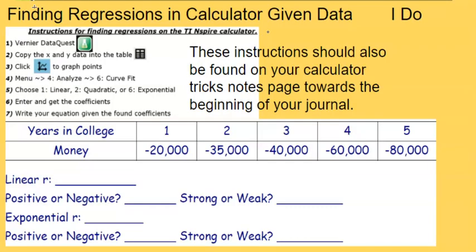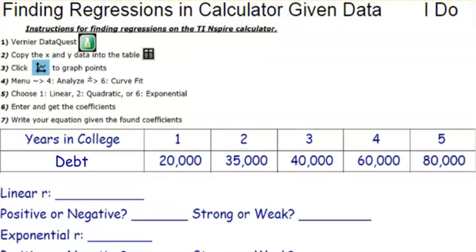Finding regressions in the calculator given data. So here are the steps to find the linear regression on a TI-Nspire calculator. First, you want to click on Vernier DataQuest, the green beaker, and then you want to copy the X and Y data into the table. We'll call this X, the years in college, and we'll call Y the debt.